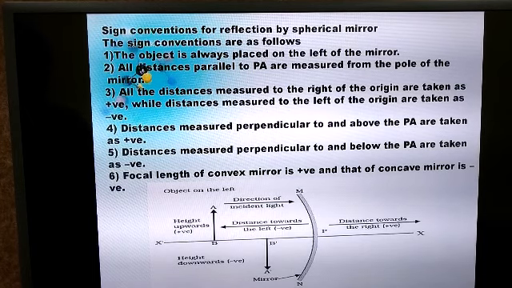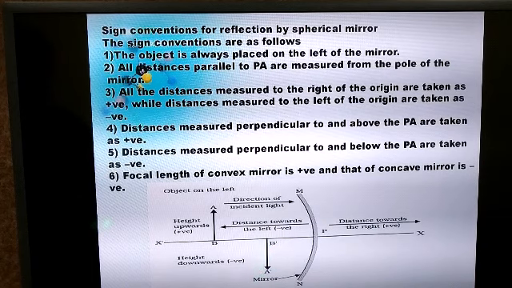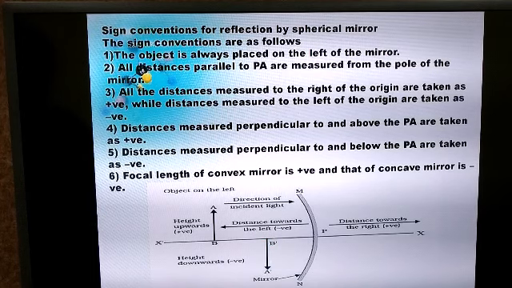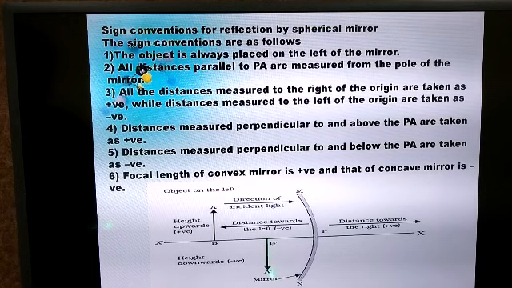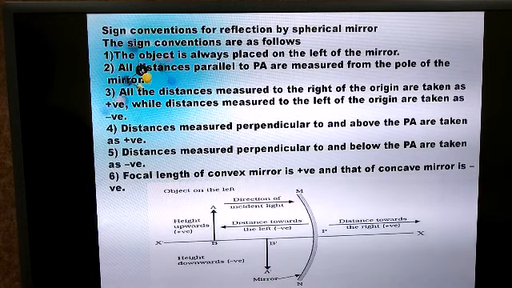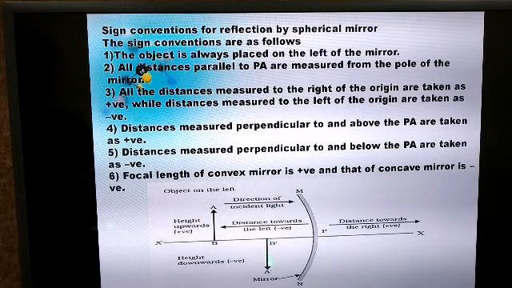If we want to measure any distances below the principal axis, then the value is taken as negative. For example, in this case, the image is formed below the principal axis. So if I want to measure the size of this image, it will be a negative value. So distances measured perpendicular to and above the principal axis are taken as positive. Distances measured perpendicular to and below the principal axis are taken as negative.